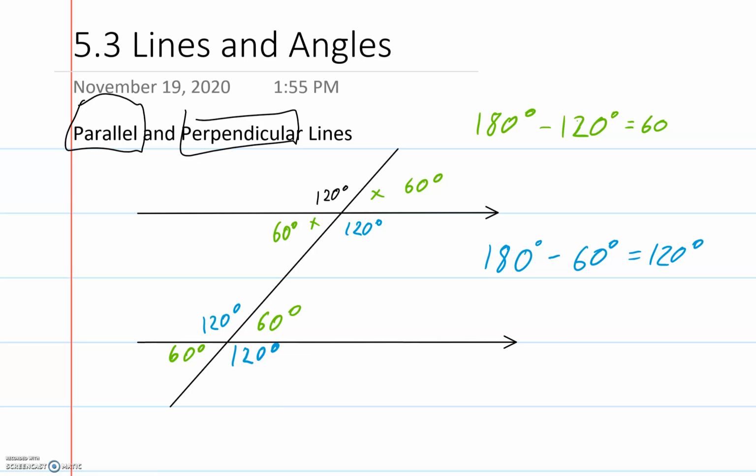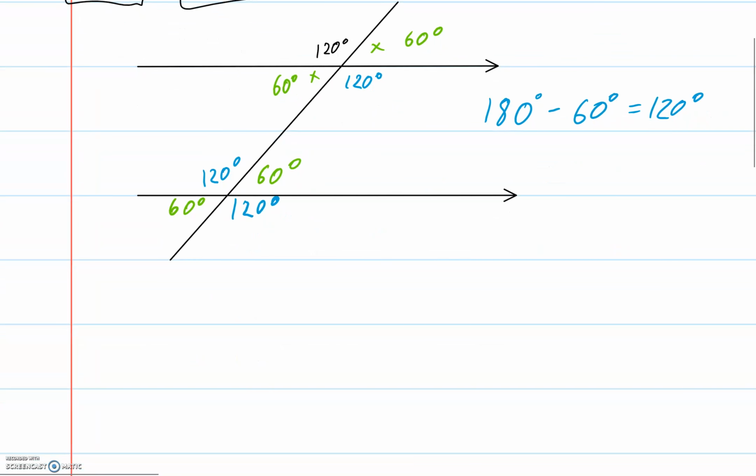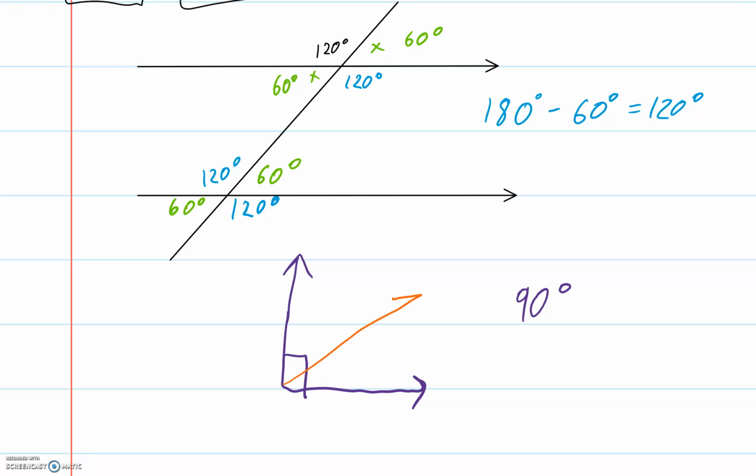Let's just do one more thing with perpendicular lines actually. If you have perpendicular lines, that's if you have a right angle, it'll tell you by drawing a little square, you know that's 90 degrees. Okay? So if they give you a partial angle in here, and they say this is 25 degrees.